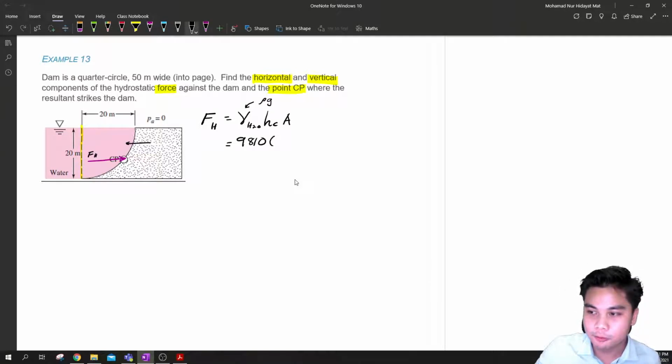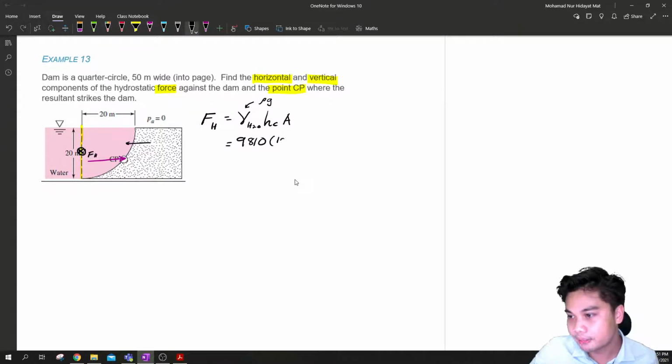For this case, you focus on the projected length. From the surface to the bottom is 20 meters, which means the centroid is at the middle position, so it is 10 meters, multiplied by the projected area.